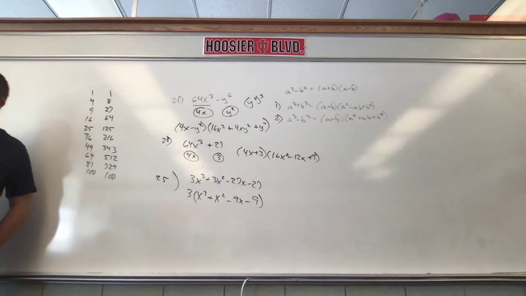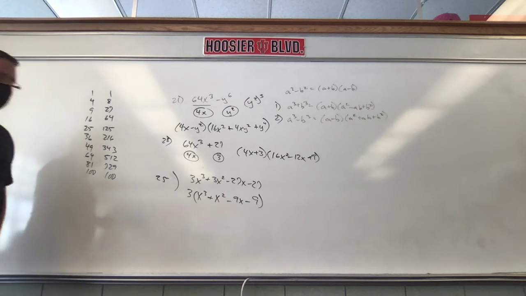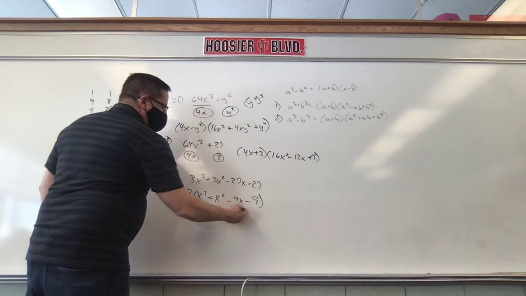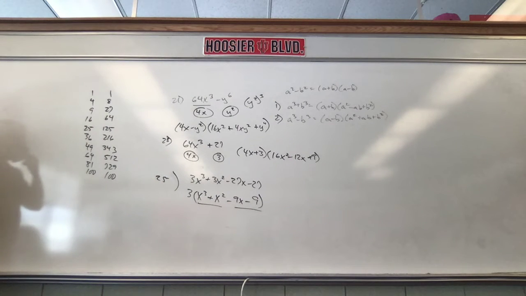Now, this has been a long time since we've done this. You guys remember how you factor 4 terms? That triangle. No. It's a good guess, but no. It's been a while. It's okay. I didn't anticipate you guys knowing that. We group them. First 2, last 2. What can I factor out of x cubed and x squared? X? X squared? What should I take out, an x or an x squared?